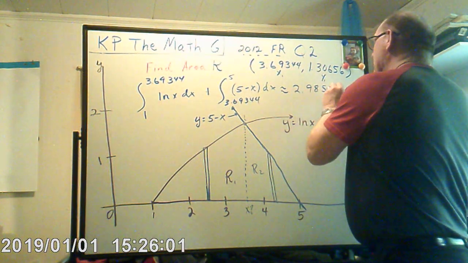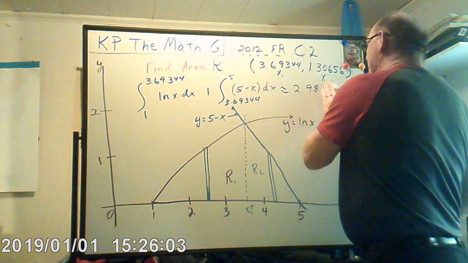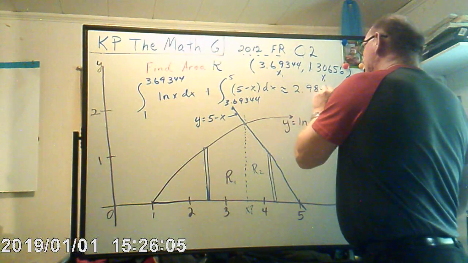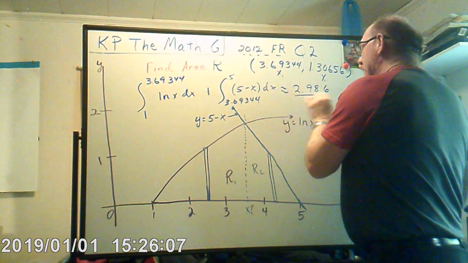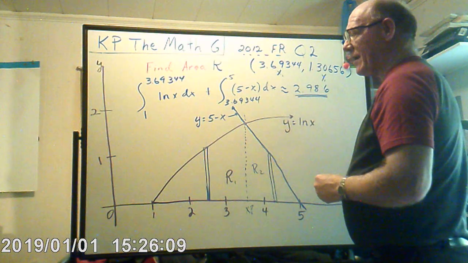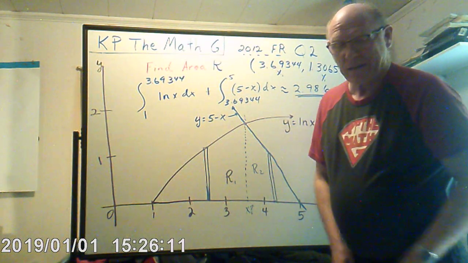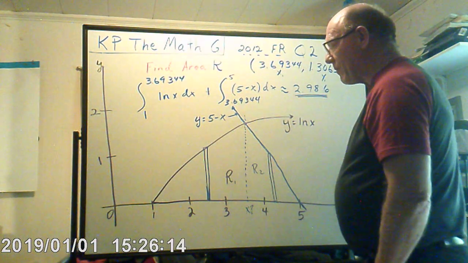So that's going to make this 5 a 6, or you can truncate it or leave it as that. Either way, that's what you're looking for there. That's just one method. Now what's the other?